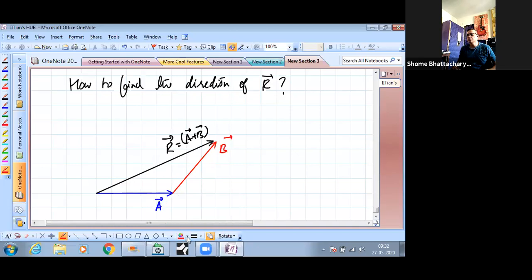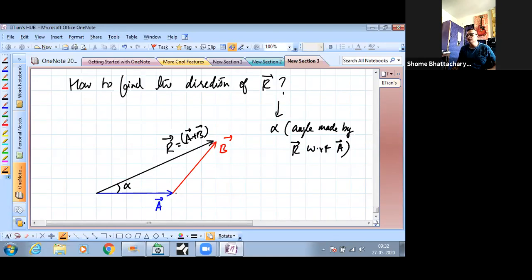Okay. So for the direction, what we'll do is we'll find out this angle alpha over here. So we'll express the direction in terms of alpha. That is the angle made by the resultant vector R with respect to the vector A, where we understand R is A plus B. Okay.